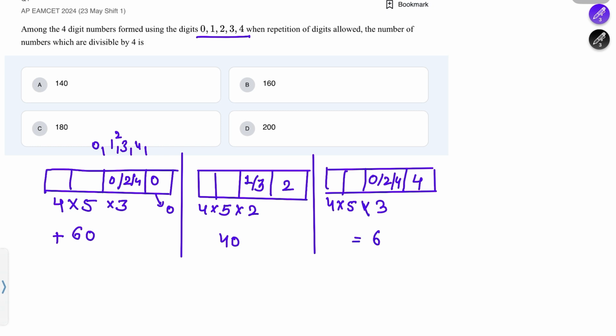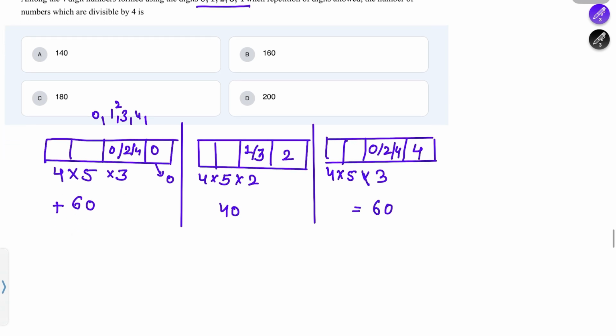So according to this it is 60, and that is the only possibility because numbers with more than 4 are not possible. So the possibilities are 60, 40 and 60. So according to this, 160 is the answer. So the answer is 160.